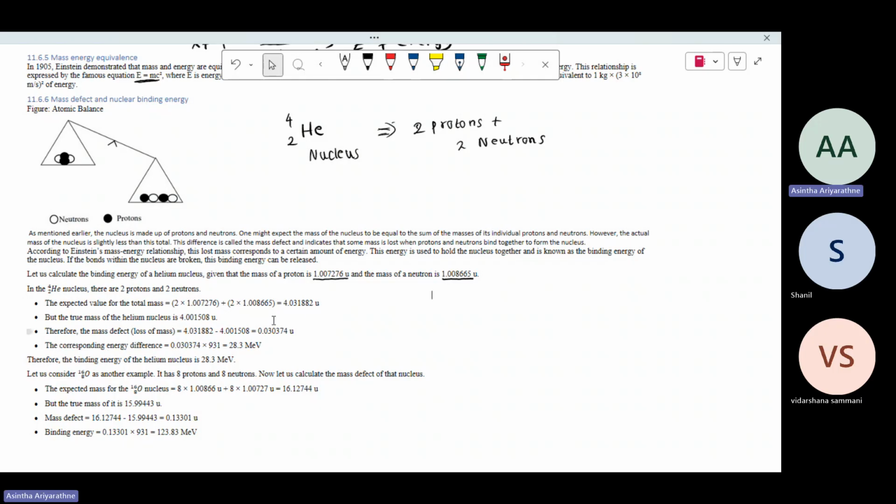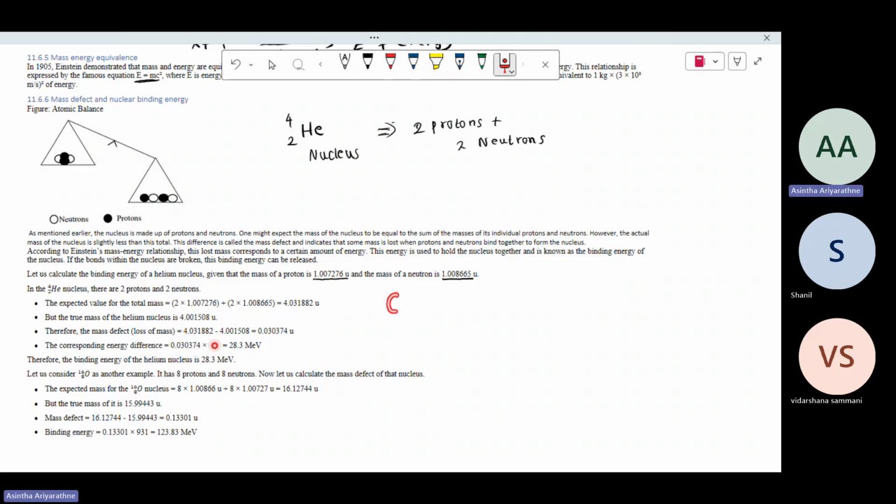So there is a mass defect, a loss of mass when converting from the basic constituents, two protons and two neutrons, to the helium nucleus. Mass is not conserved during this process.